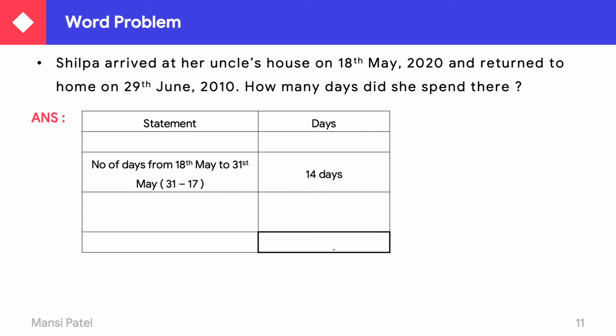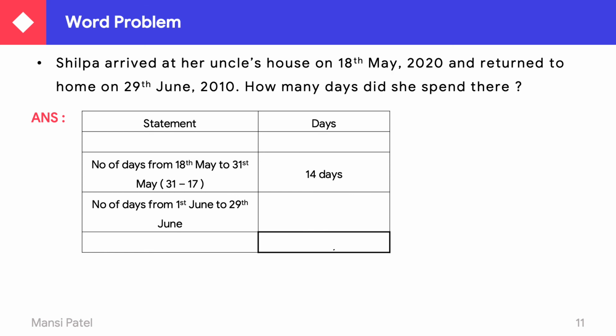How many days are there? 14 days. Then she returned to her home on 29th June. So 1st June to 29th June. See here again, she reached her house on 29th, so this 29th we don't want to count. Why? Because she already reached her house.